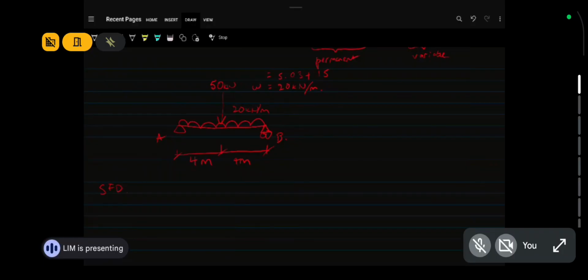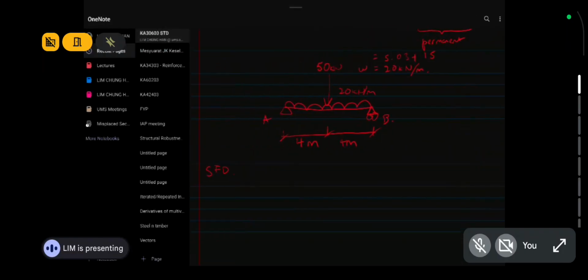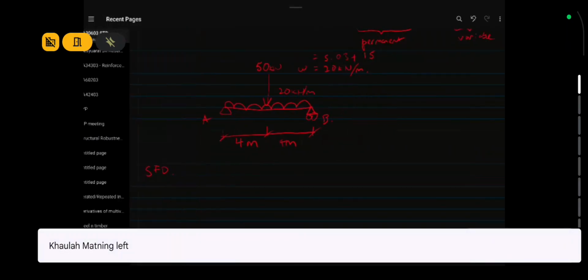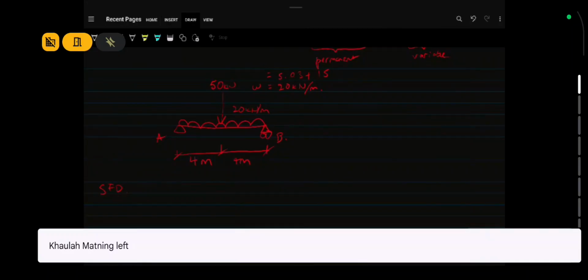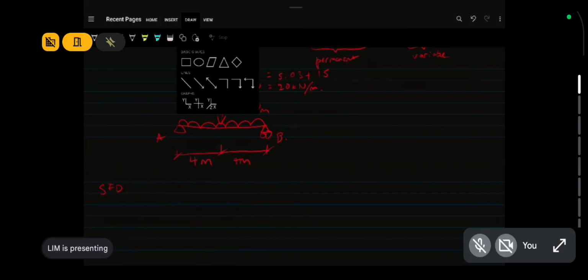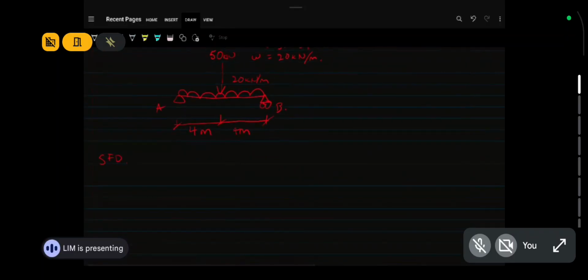There used to be a ruler here. No more ruler. Okay, never mind. All right. So SFD.